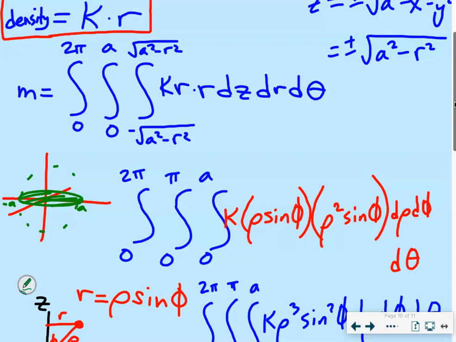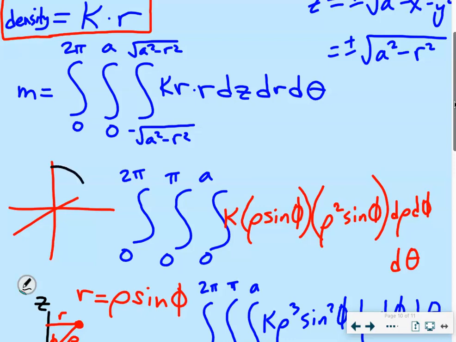All right, in spherical, the theta is what makes you go around this way, right? So the theta is still going to be 0 to 2 pi. Our phi is the angle made with the positive z-axis, right? So we start from here and we go around.